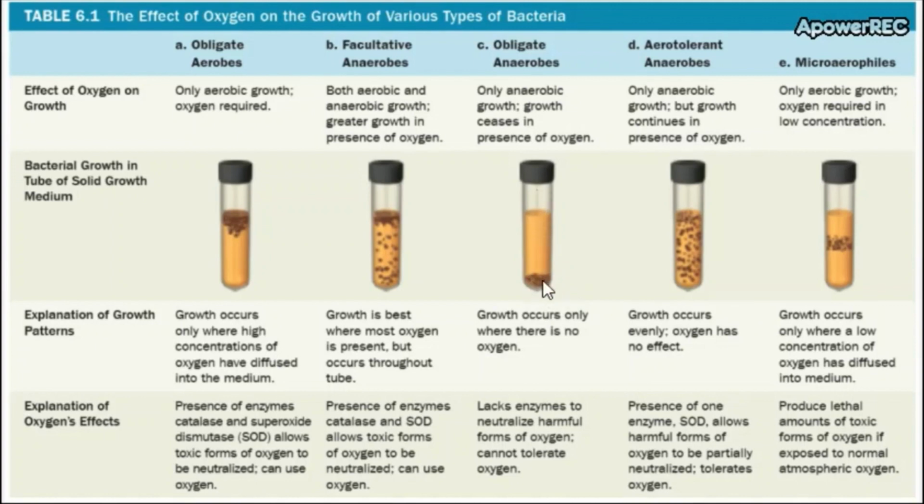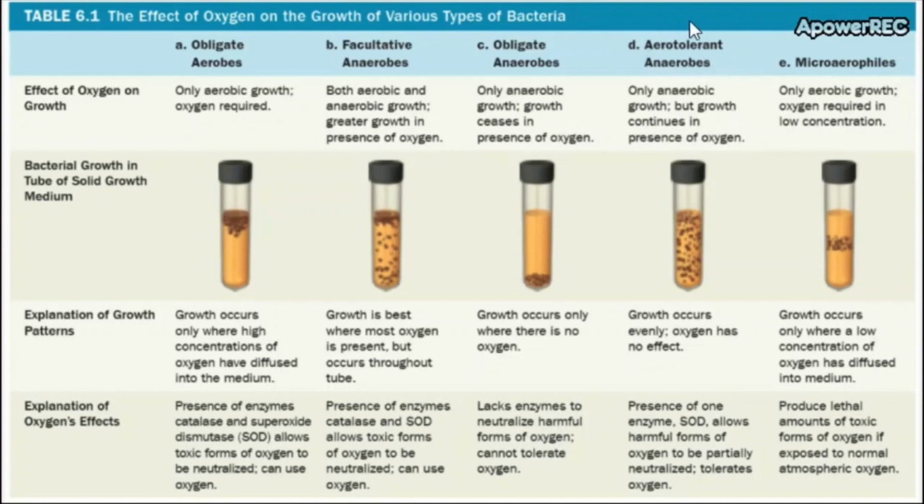So they're protected more from the atmospheric O2. Again, these little guys lack the enzymes superoxide dismutase and catalase in order to protect themselves from the harmful effects of oxygen anions or its reactive oxygen species.